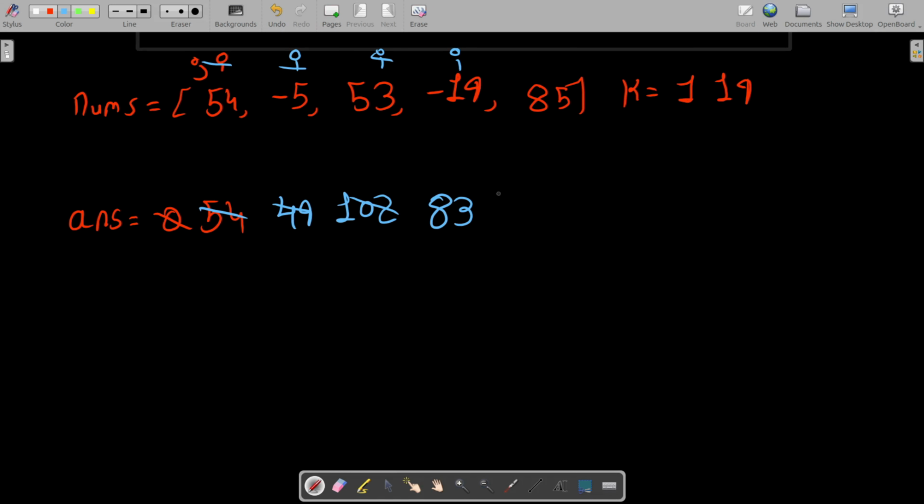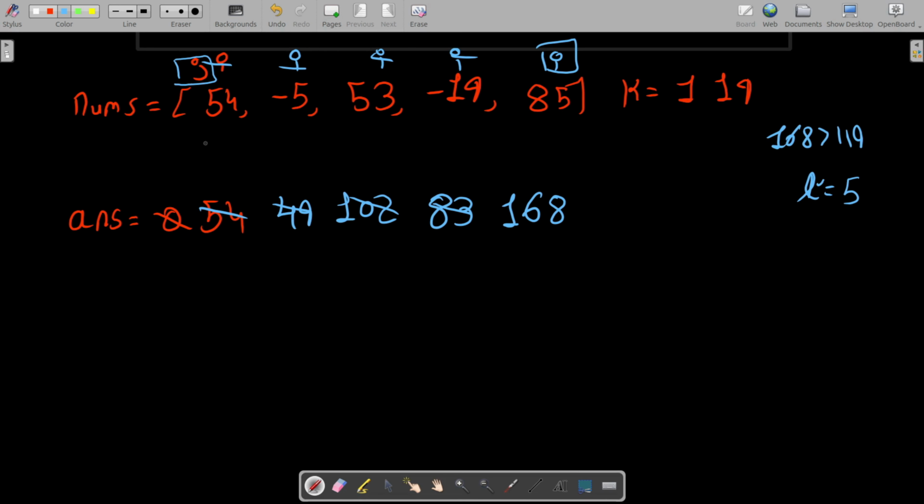Then of course we will do 83 plus 85, it will be greater. So if i goes here, then we will have 168 as the last. So our j is here and i is at the last place, and 168 is obviously greater than 119, so our length is 5.